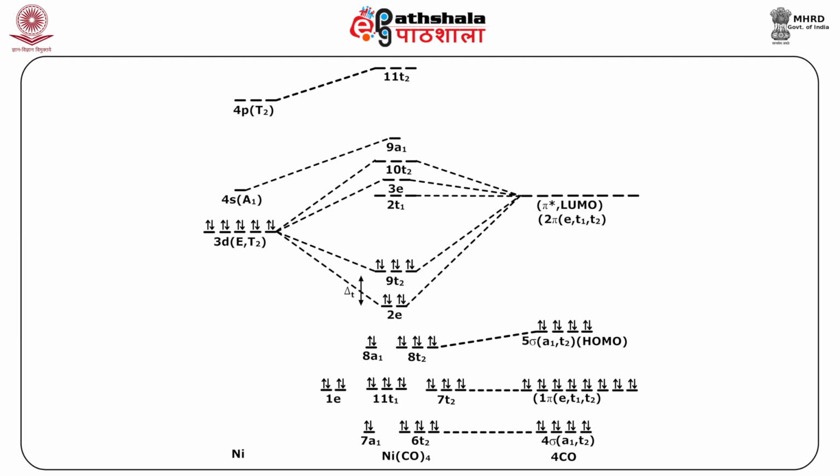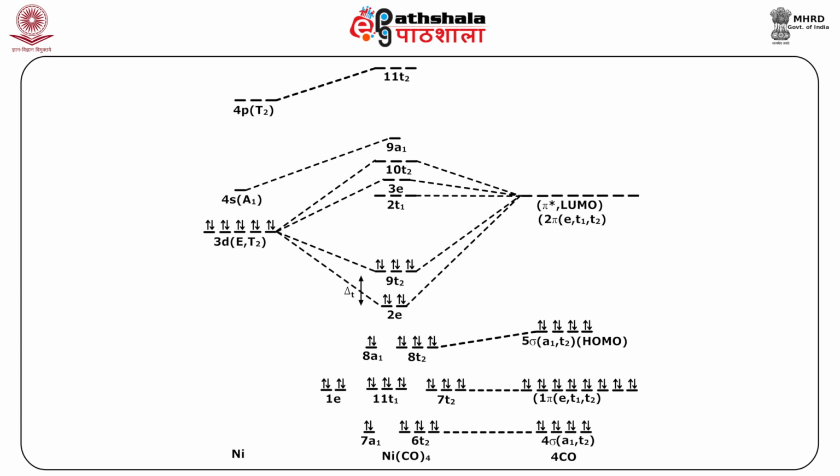Let us take an example of the tetrahedral complex showing sigma as well as pi bonding. We can have a nickel carbonyl complex where we can have nickel as the central metal ion and carbonyl, CO, as the surrounding ligand.